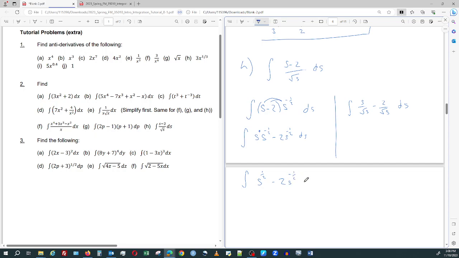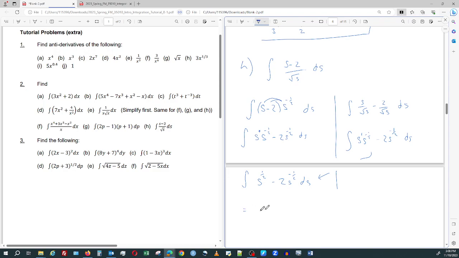So that's ready to be integrated. Here we've got this one going up, so it's s to the half, so that's exactly the same thing. Again, minus 2s to the minus a half. So that's the same thing.